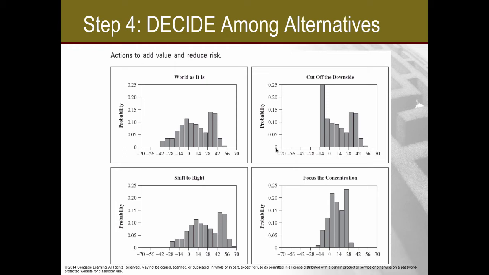And basically, what it does, it changes the probability of the values, right? So for example, if we leave the board as is, this is the distribution of possible values that can happen, right? If you have the board as is, there are possibilities of very negative outcomes.